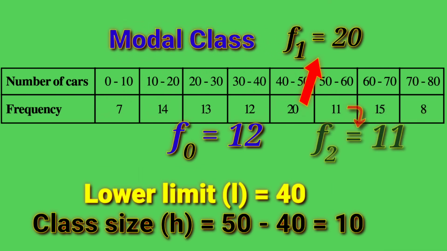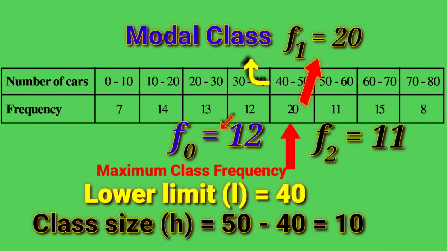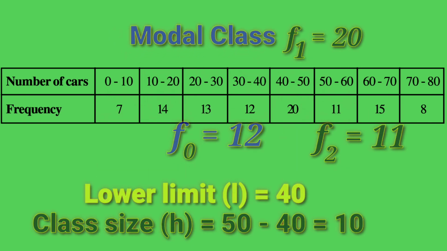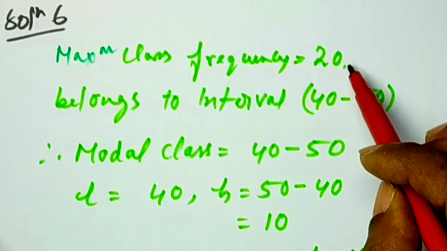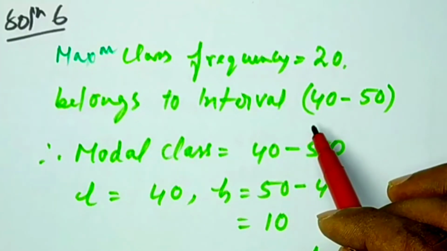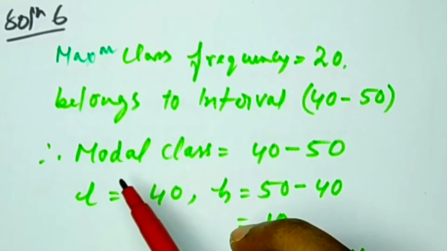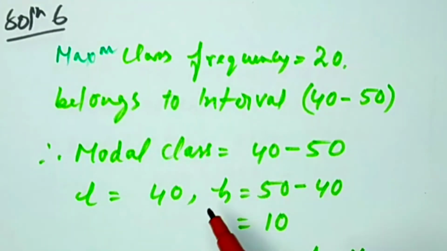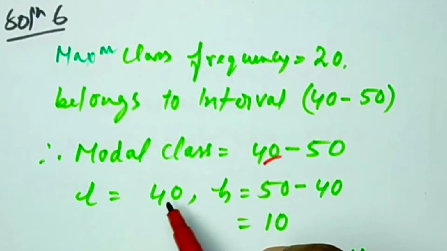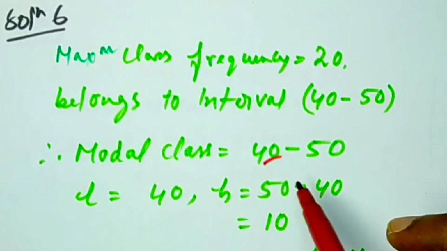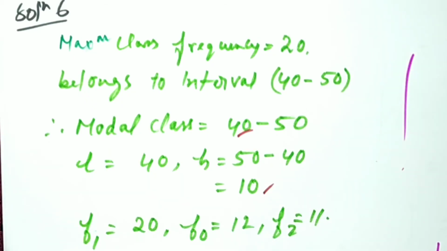So we solve it using the formula. So l is 40, h is 10, frequency of the modal class f1 is 20, frequency preceding the modal class f0 is 12, and frequency succeeding the modal class f2 is 11.